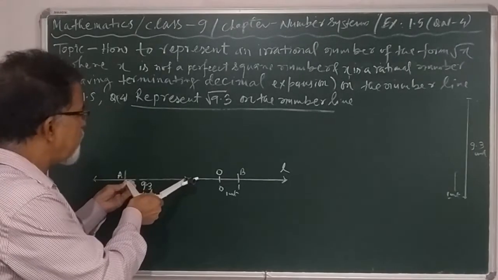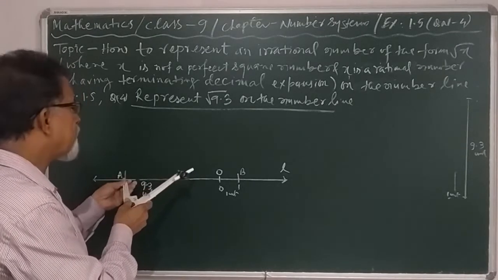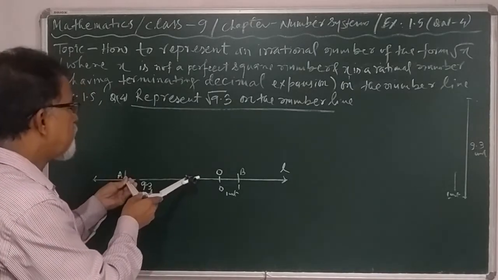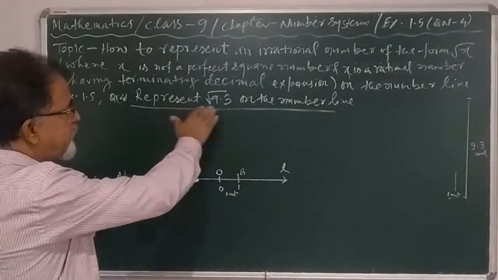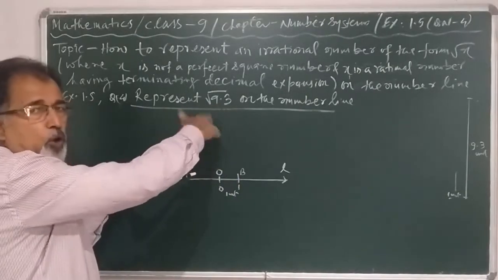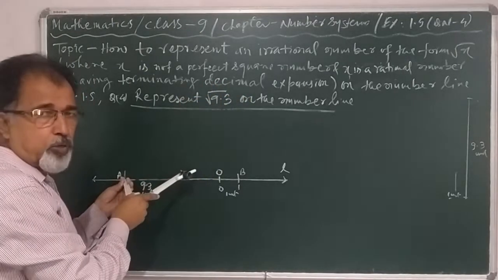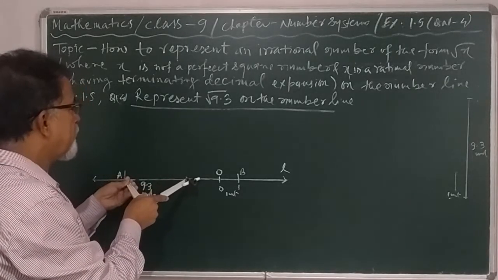You have already learnt it in the previous classes. This is a part of geometry. And sometimes we say the geometrical representation of root over 9.3 on the number line. This is also the same question that I am showing.